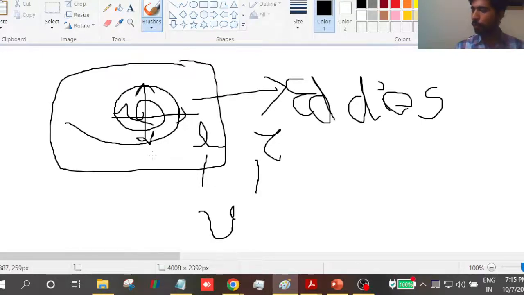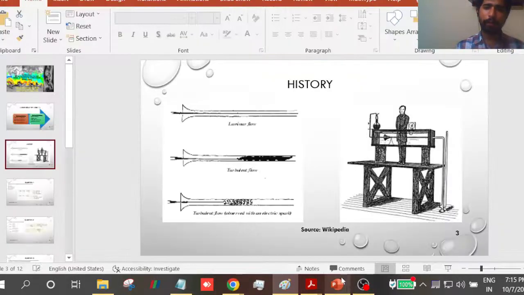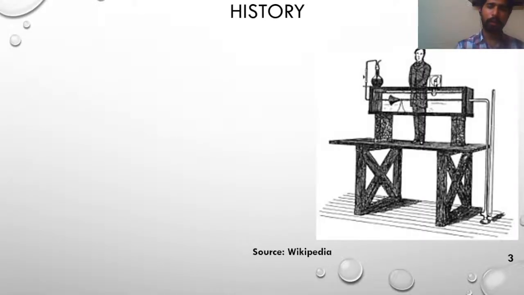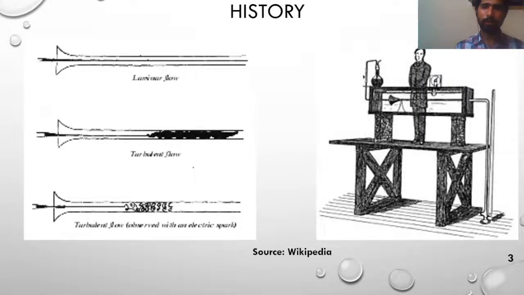This experiment was performed initially by the scientist Osborne Reynolds. Later on, Stokes popularized this laminar and turbulent flow theory. So what was done next is that the flow rate, which was in the laminar regime, was kept constant, but the tube diameter was increased.